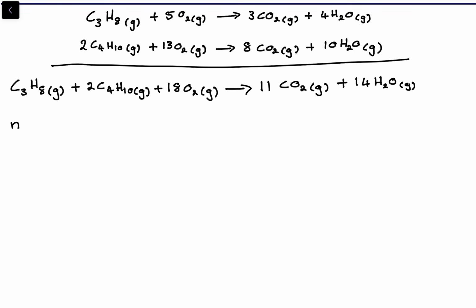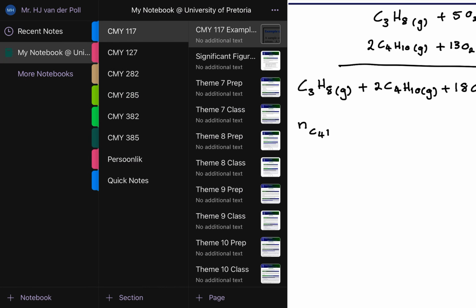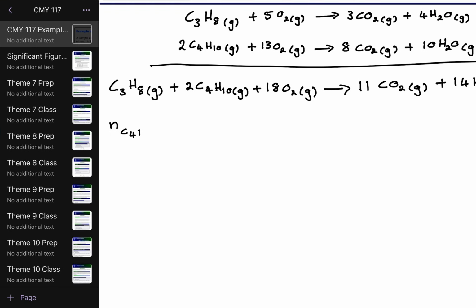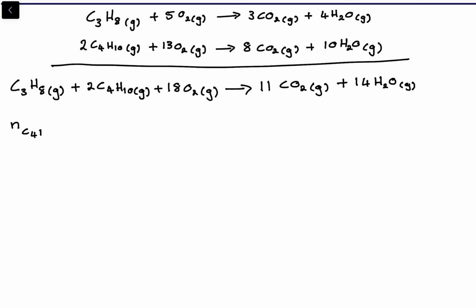Well, we have to start by calculating the number of moles of propane, butane, and oxygen. Right, and that's going to be the masses over the molar masses.